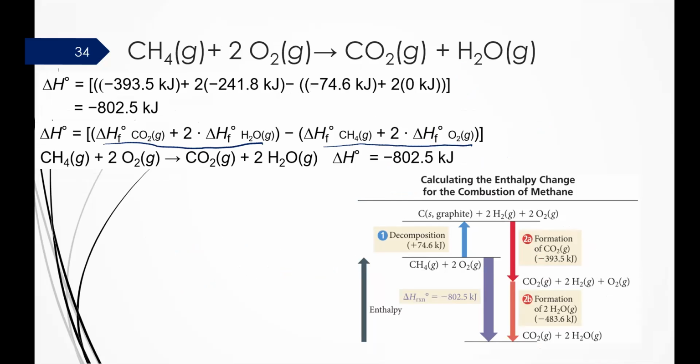Just remember that, let's say for this one up on top, we have the enthalpy for our products. So this is going to be our carbon dioxide. This is going to be our water. So we have to scale that for two of them. Then we're going to subtract the enthalpy change for our methane and our two oxygens.